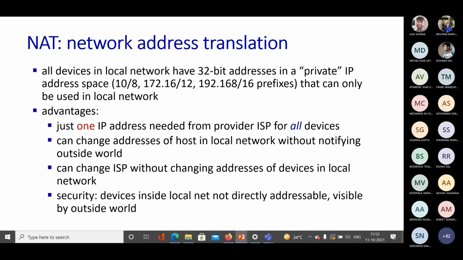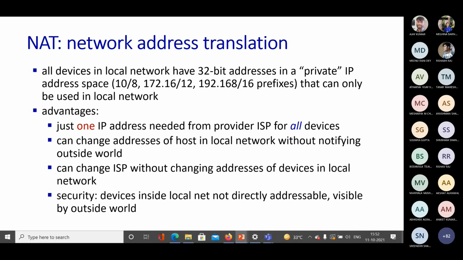So in the local network, you can do anything. Also, of course, the ISP can be changed without changing the addresses of devices in the local network, the problem that we were having earlier when we were looking at hierarchical routing.